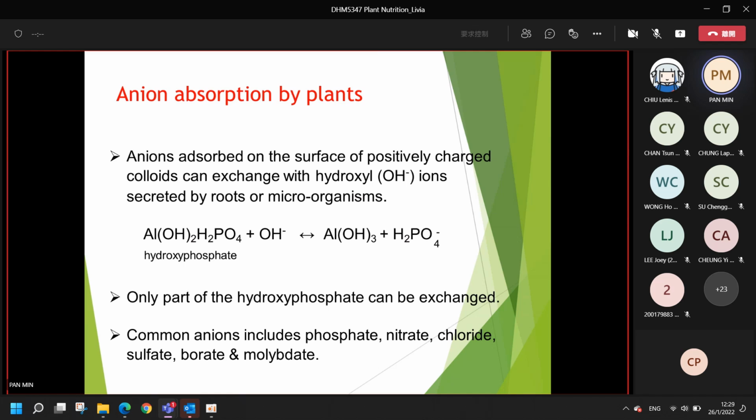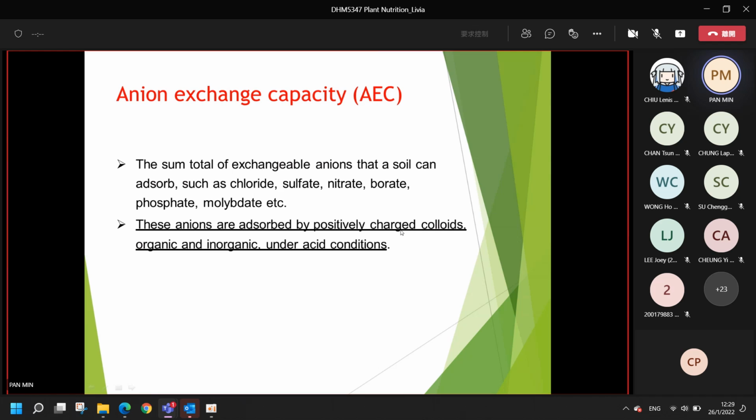Common anions include phosphate, nitrate, nitrite, chloride, sulfate, borate, and molybdate. Anion exchange capacity is similar to the CEC, but it shows the anion exchange forms. It is the sum of total exchangeable anions that the soil can adsorb, such as chloride and sulfate, just what I showed you before.